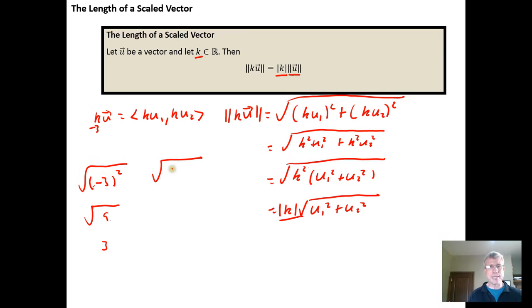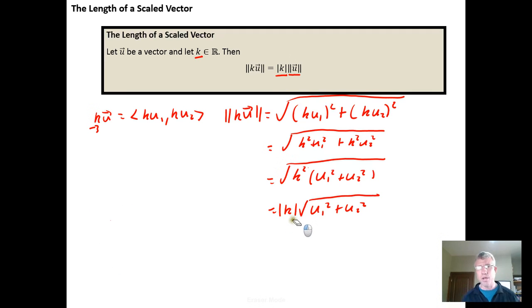So if you accidentally just let the square root cancel a squaring, if the number that's being squared is a negative, you get an incorrect result. And this will show up to bite people even in Calc 2 when doing equation solving. So this is an important thing to note, that the square root of k squared, if k is a scalar, has to be the absolute value of k.